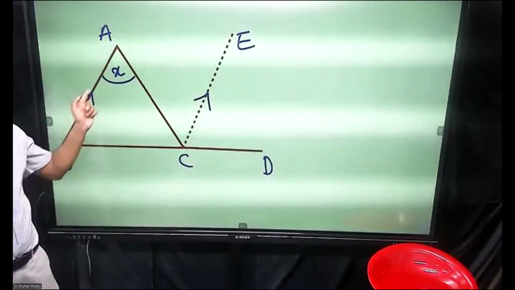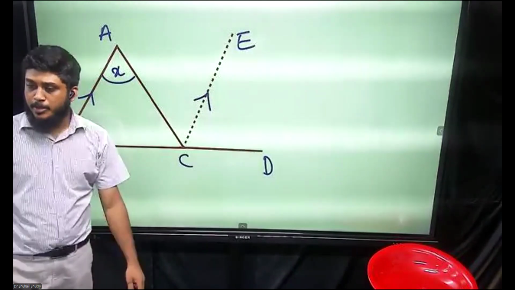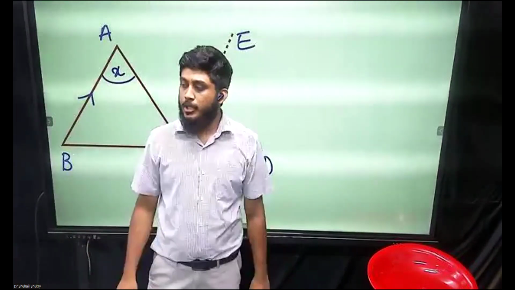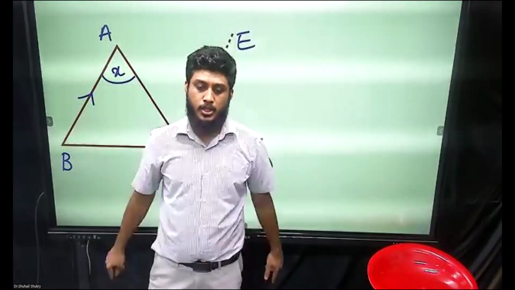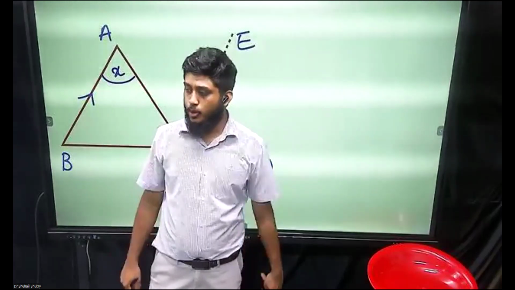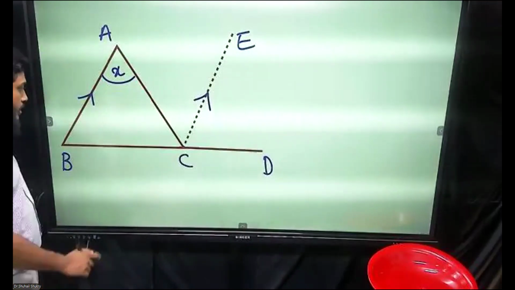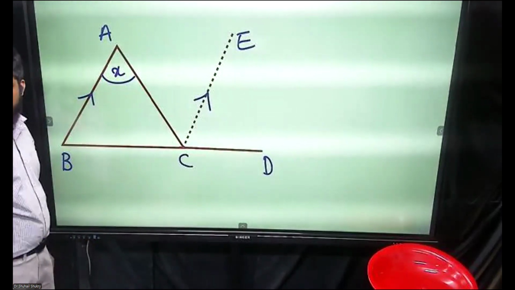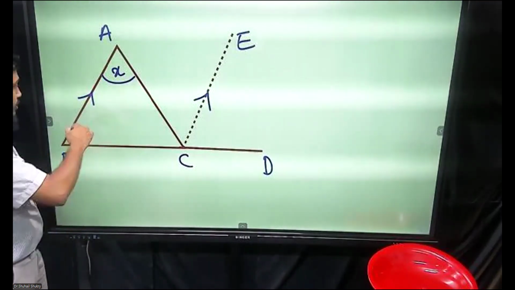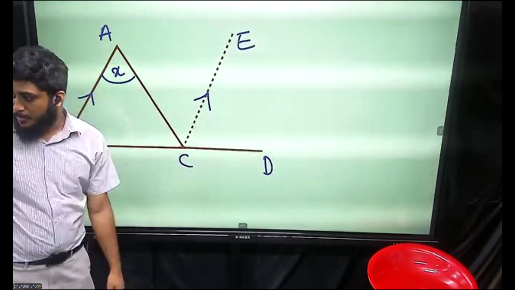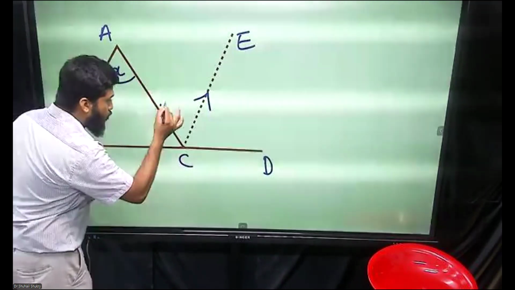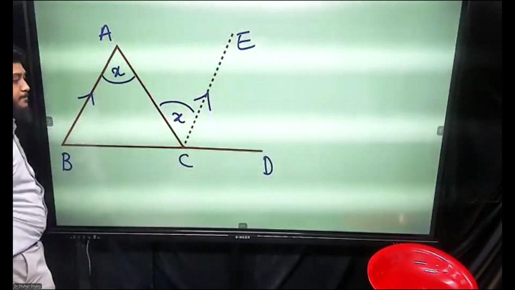When you see parallel lines, three people should come to your head: Fatima, Zainab, Kat. Those three people should come to your head. Can you see Zainab is there? Zainab is sleeping. Can you see the sleeping Zainab? There, make X now. This one is X.